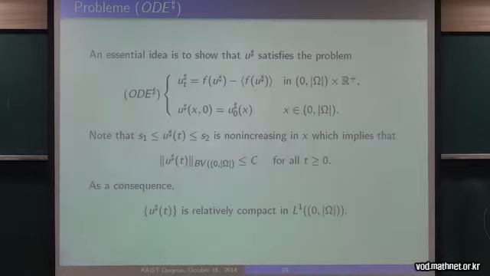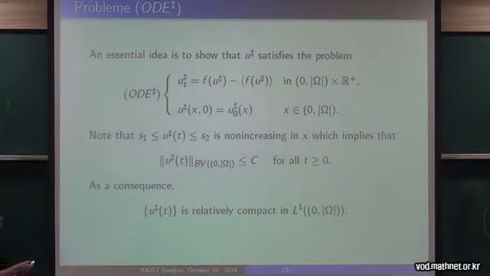And now it is also a non-increasing function in one space dimension. It implies that u sharp of t is bounded in BV of omega sharp, 0 to measure of omega, by a constant c which only depends on S1 and S2.